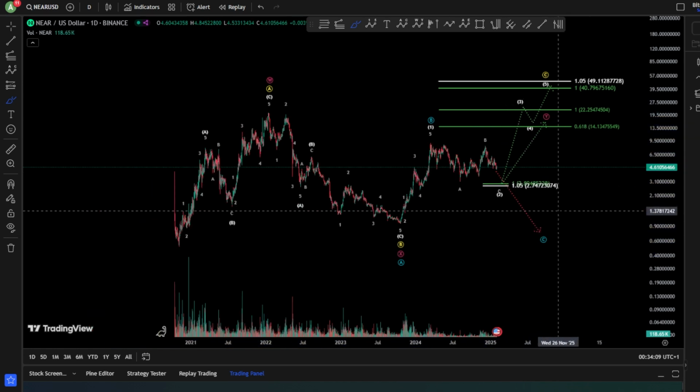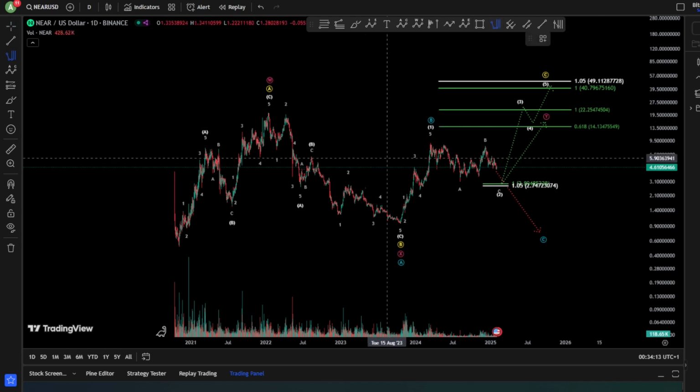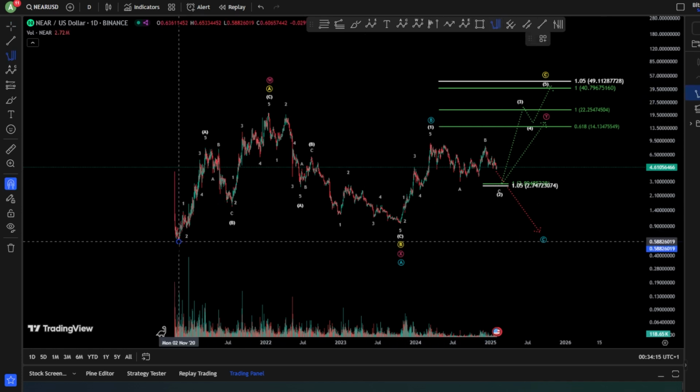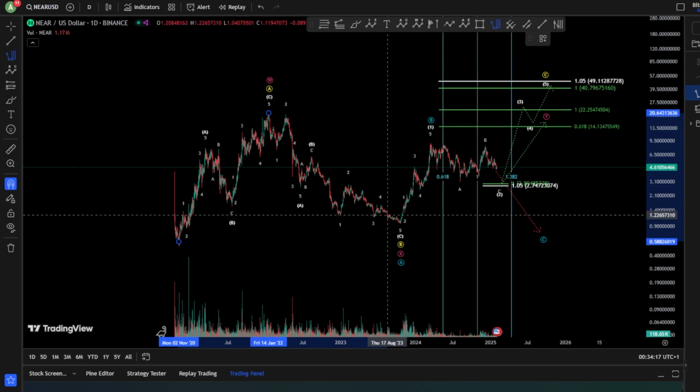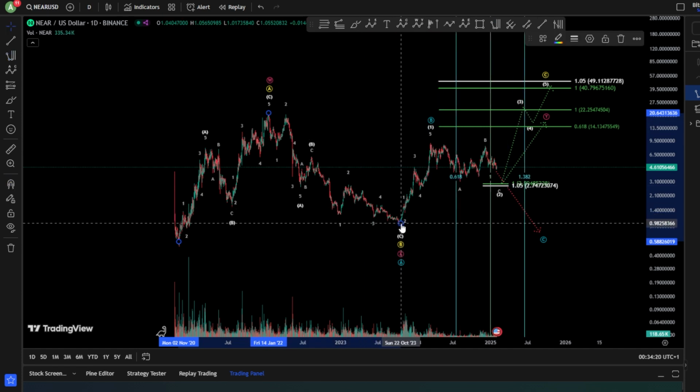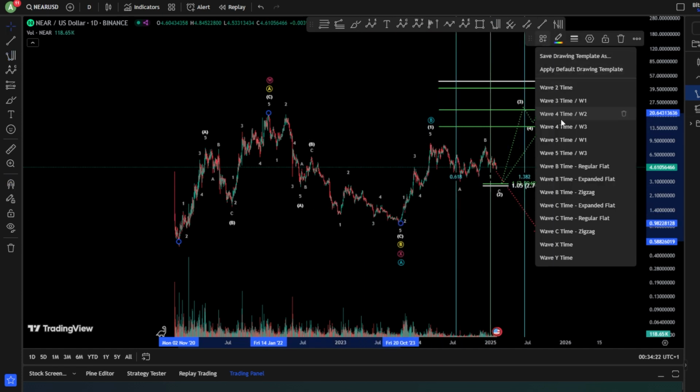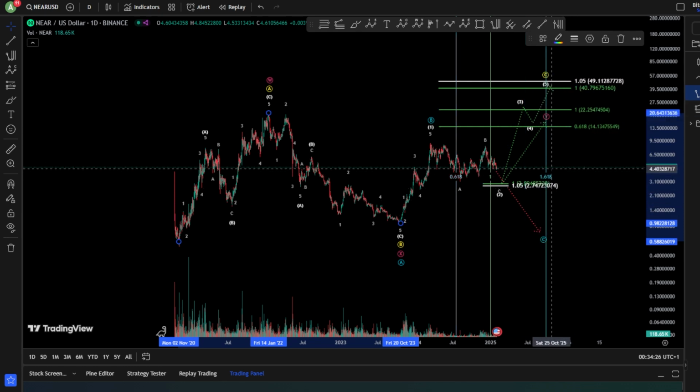Now, if we take a look also at the timing for this bullish scenario, I would say if we have a wave A here and our wave B has bottomed here, I would say a wave C for a regular flat time would extend until 1.618.